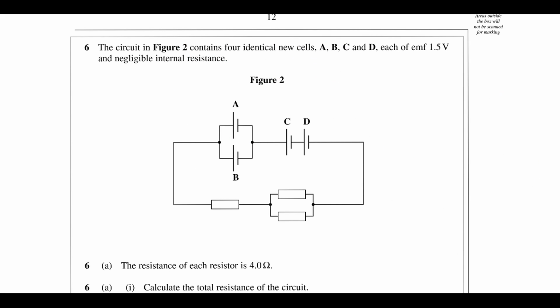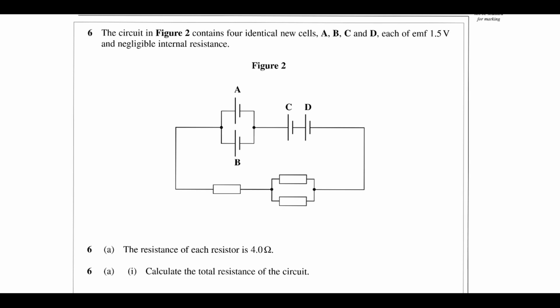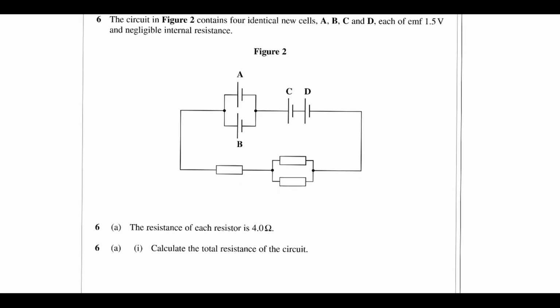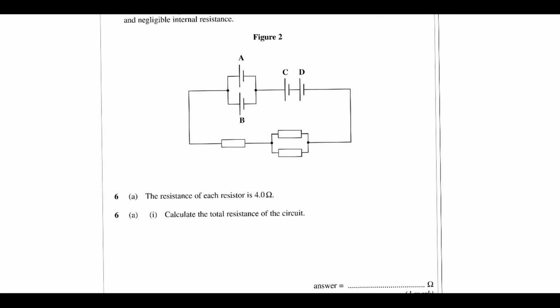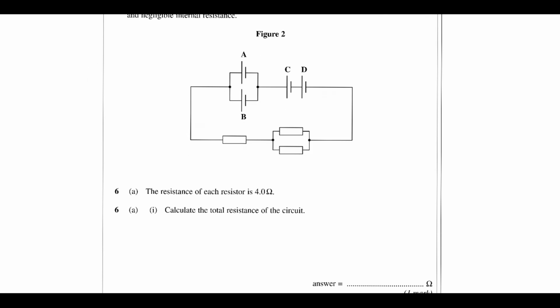Okay, so we've got a circuit with 4 brand new cells, each with an EMF of 1.5 and no internal resistance. We've got 2 in parallel and 2 in series. It wants us to calculate the total resistance of the circuit. You can see that this section is in series with this whole section.